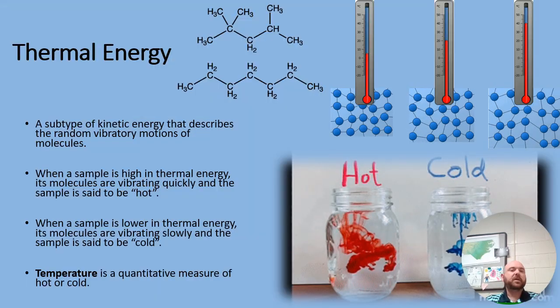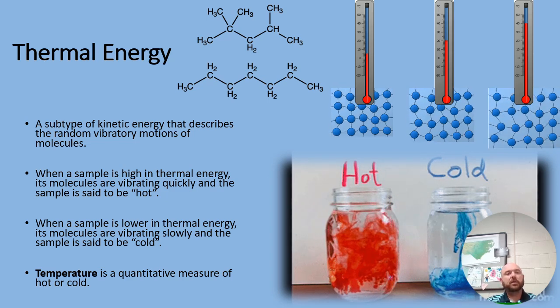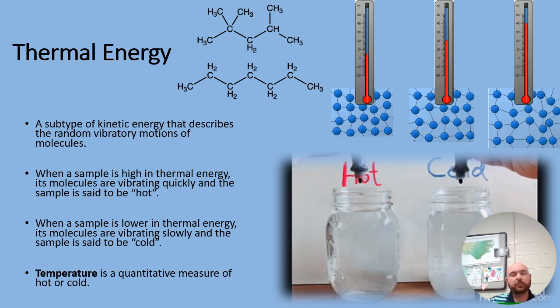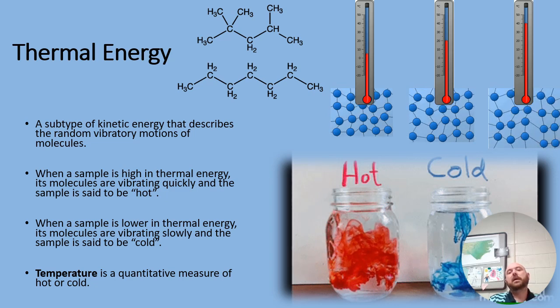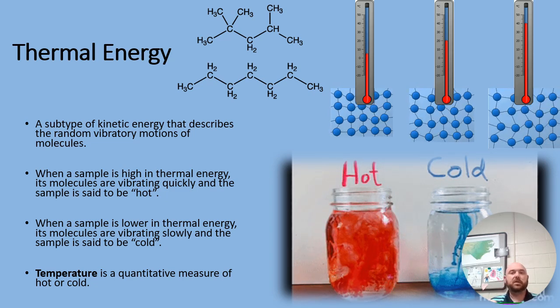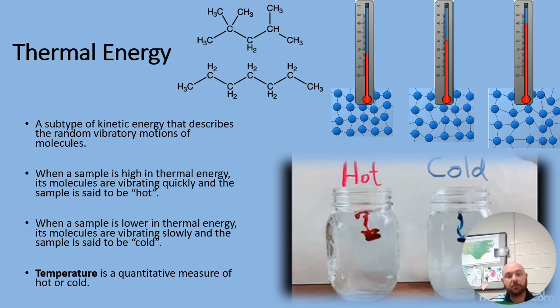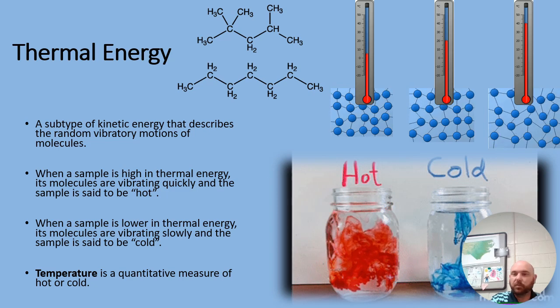The other type of kinetic energy that we normally associate with molecules and atoms is that of thermal energy. All molecules and atoms, according to the kinetic molecular theory of matter, have random vibratory or rocking and shifting and moving and shaking type motions. We typically associate that with temperature.